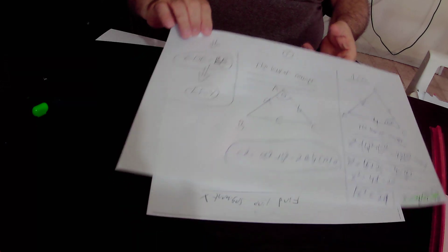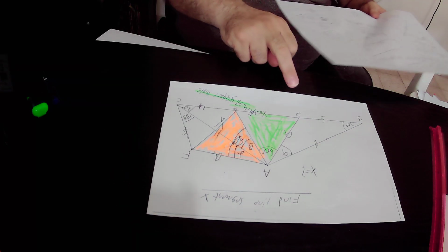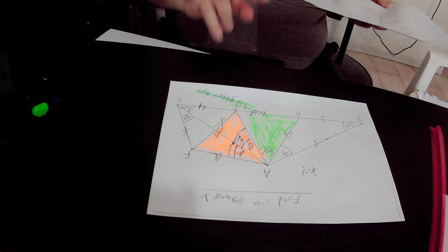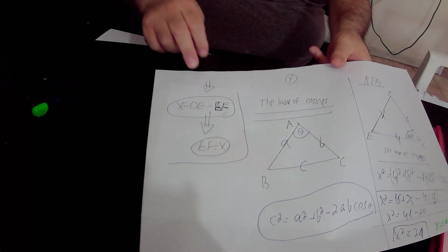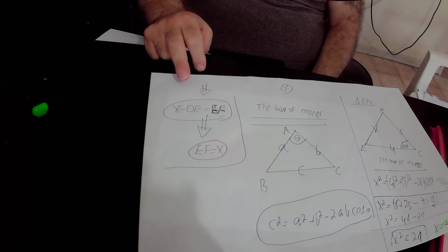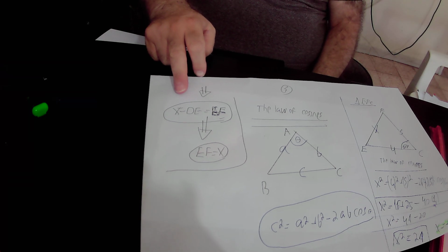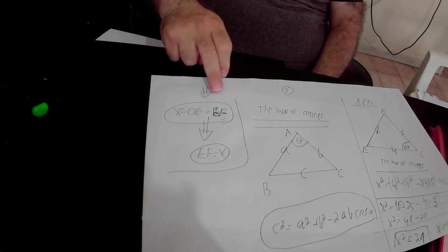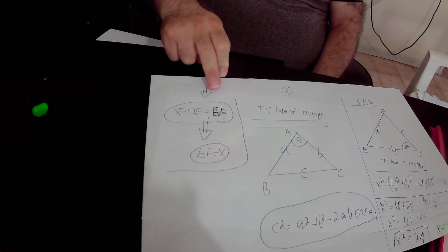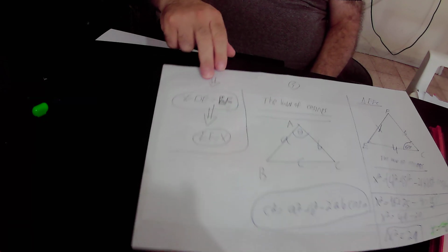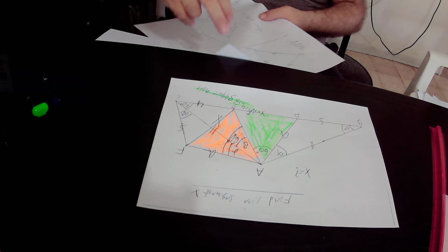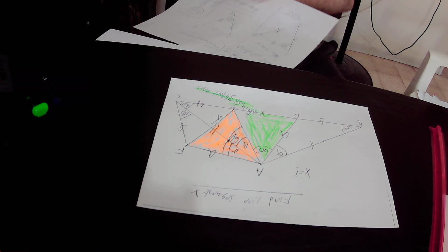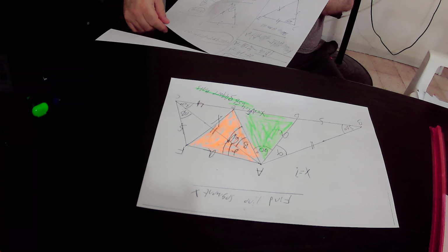But according to what is given in the question, side DE equals x units in length. So DE equals x. And from this equation, x equals DE equals EF, we conclude that side EF also equals x. So x is the line segment that we are looking for.